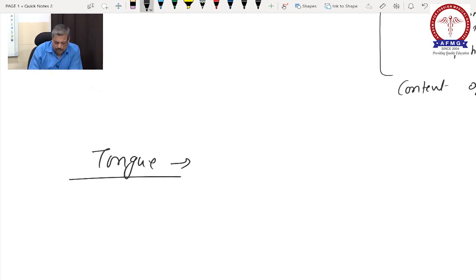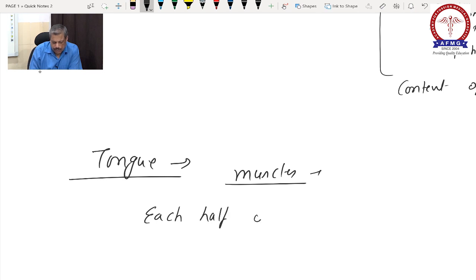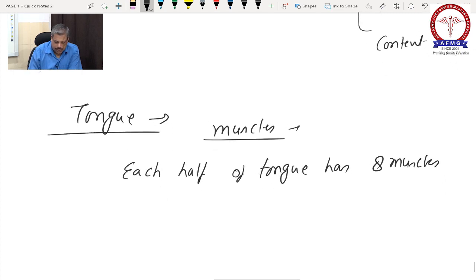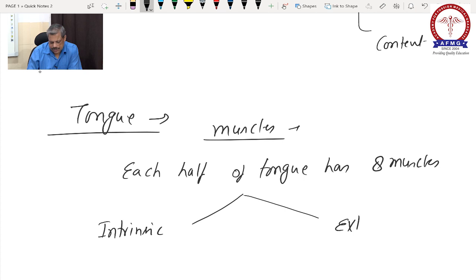First we will talk about the muscles of the tongue. Then we will talk about the parts. Muscles: each half of the tongue has 8 muscles, divided into two parts, the intrinsic muscles and extrinsic muscles.